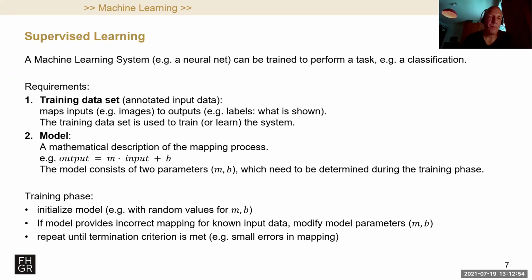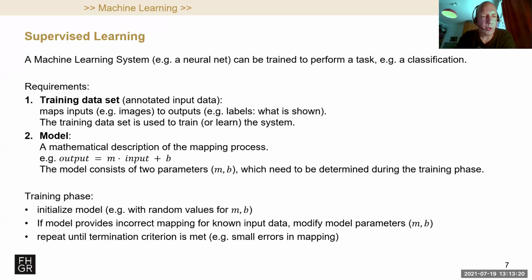Very often, we're not going to do that from scratch, but we would rather use a model that has been previously trained to do something else. So we already have values for M and B. It's just that these values for M and B are good for some sort of regression, but not for the particular task that we're going to use it for.